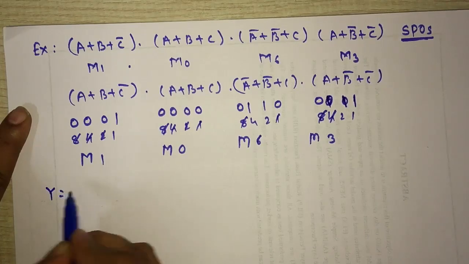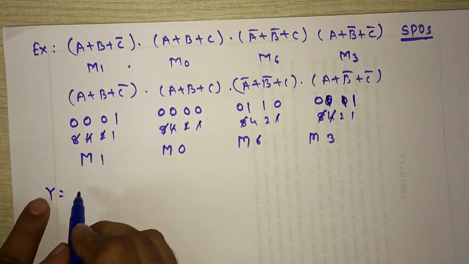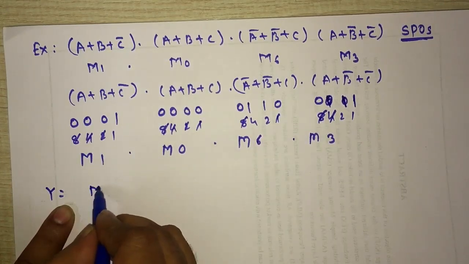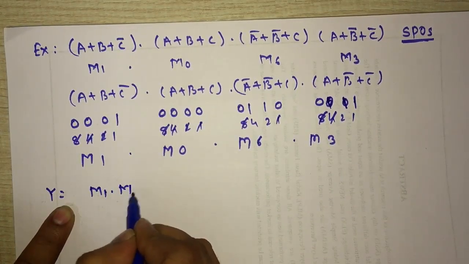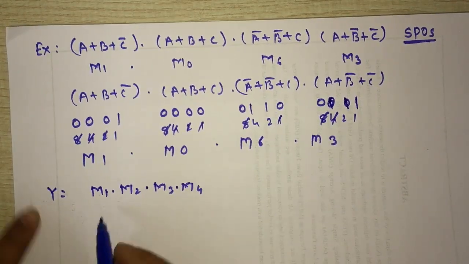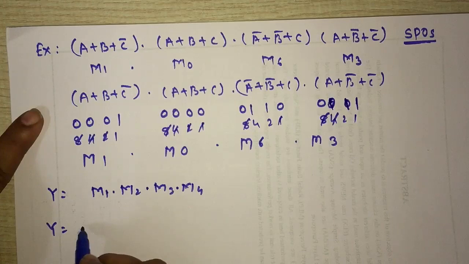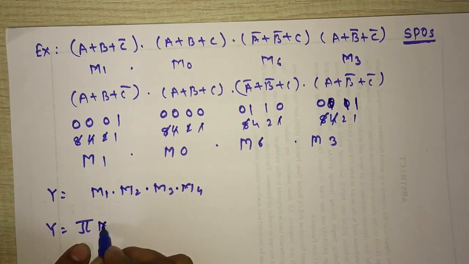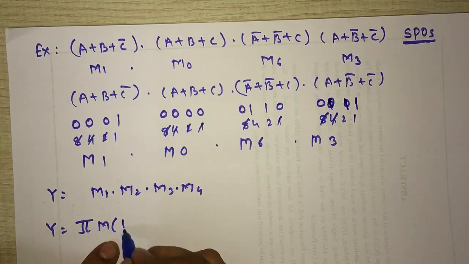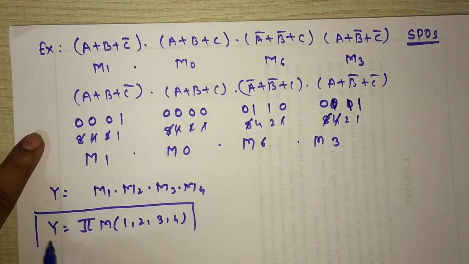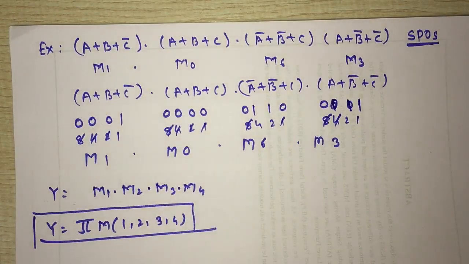We write y equal to the product of M1, M0, M6, M3. As it is a product, we use the pi sign: y equals pi of capital M in brackets 0, 1, 3, 6. So this is the max term equation of the given equation.